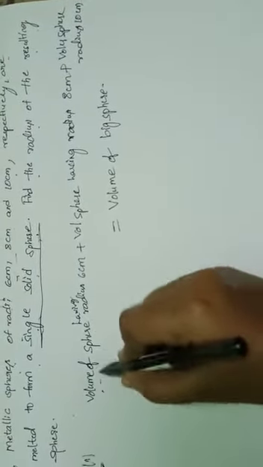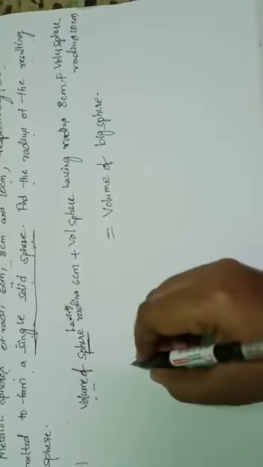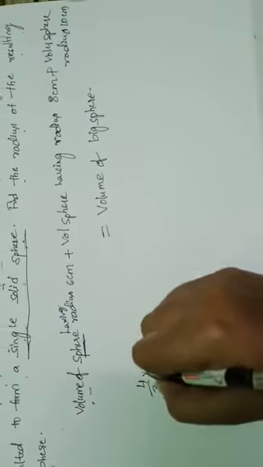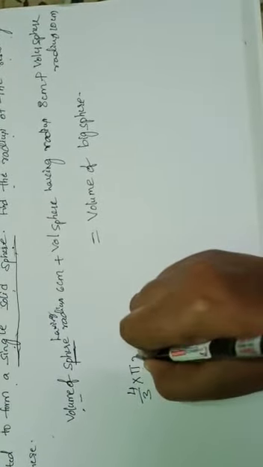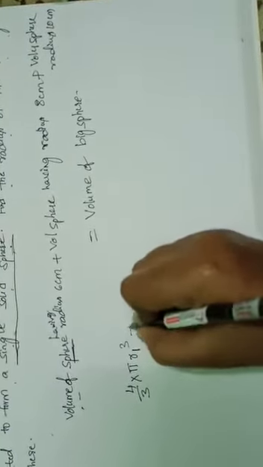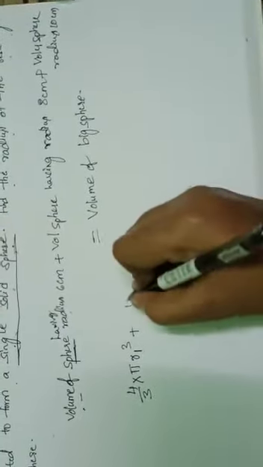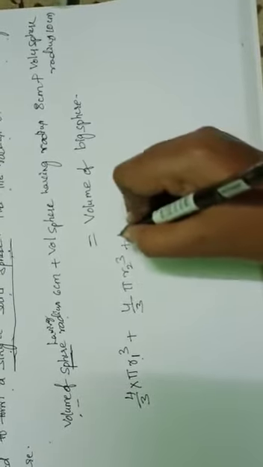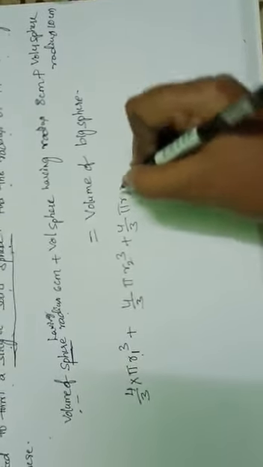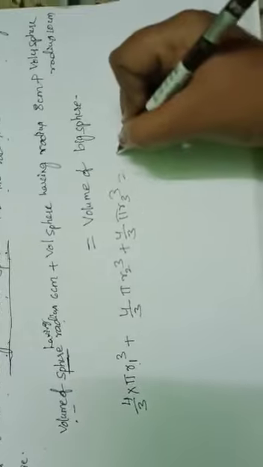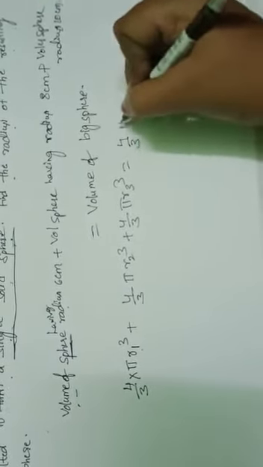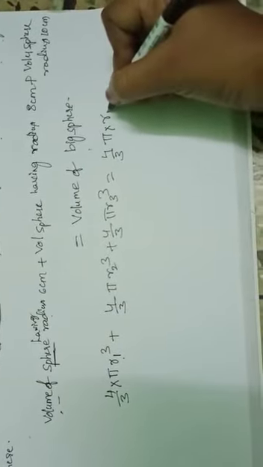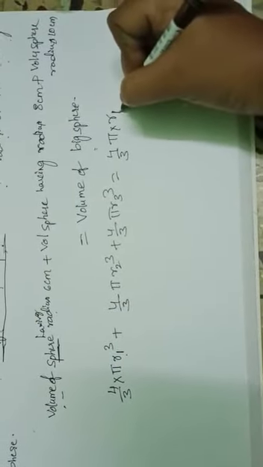What is the volume formula? Volume of the sphere equals 4 by 3 pi r cube. So 4 by 3 pi r1 cube plus 4 by 3 pi r2 cube plus 4 by 3 pi r3 cube equals 4 by 3 pi into radius of big sphere cube.